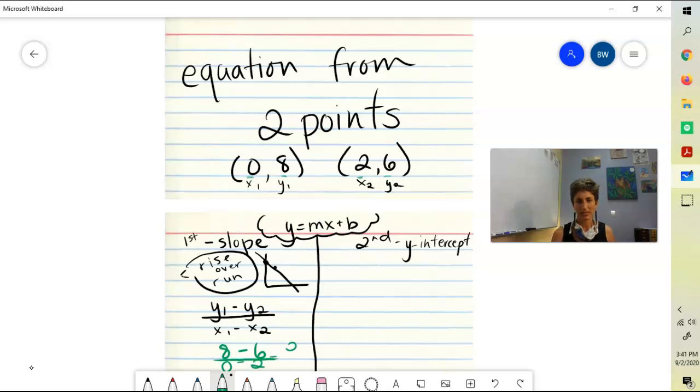So we have 8 minus 6 is 2, and that is over negative 2. So we have determined that the slope is negative 1. M equals negative 1. Not the tidiest, sorry about that.